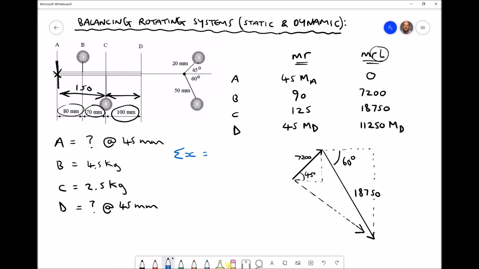The x component of our first vector is 7200 cos 45. And the x component of our second vector is also positive, going from left to right, and its magnitude is 18750 cos 60. Giving us a sum of our x components equal to 14466.2.